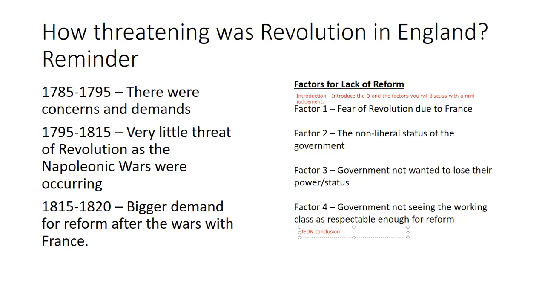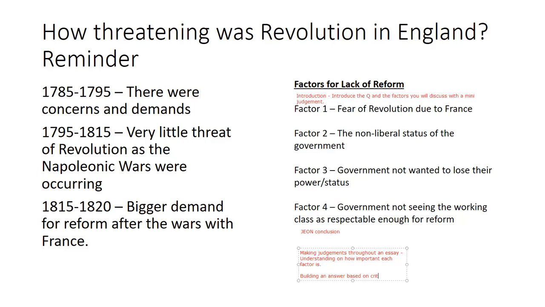Now, the one thing that we need to get better at, in essay skills, is making judgments throughout an essay. We need to have an understanding of how important each factor is. And you need to tell the examiner, because what you're doing there is building an answer based on criteria.